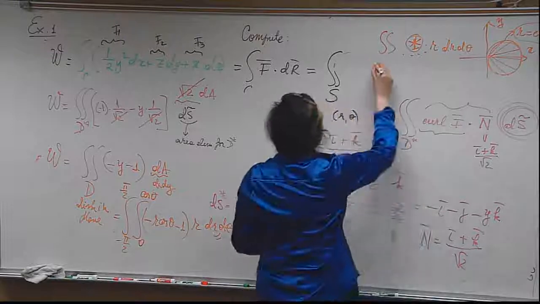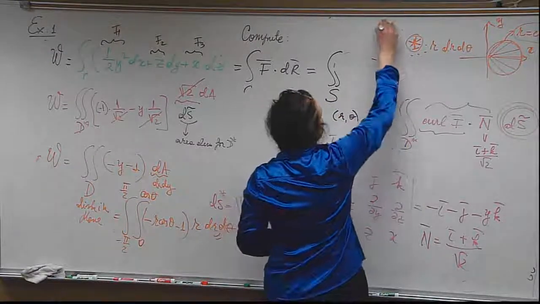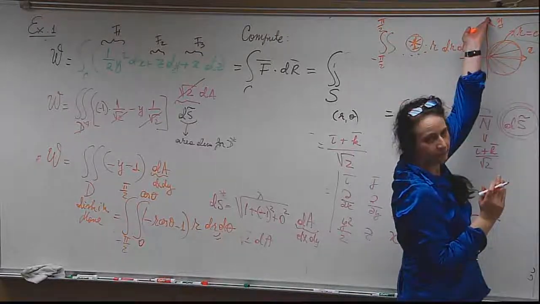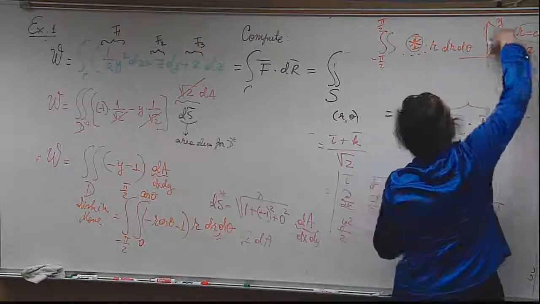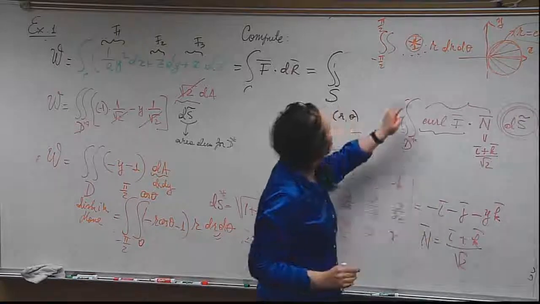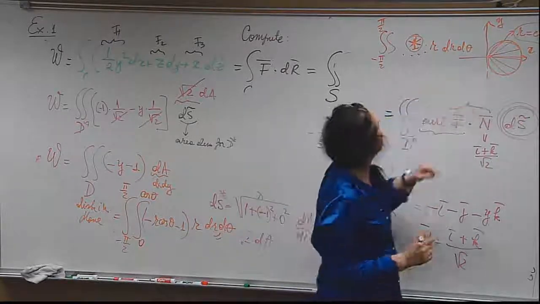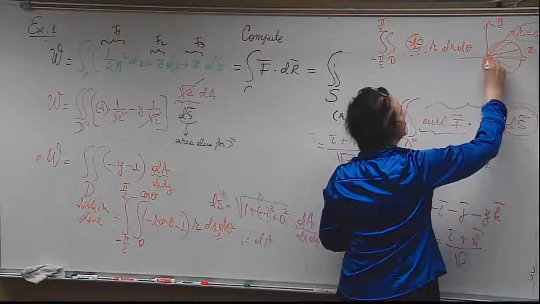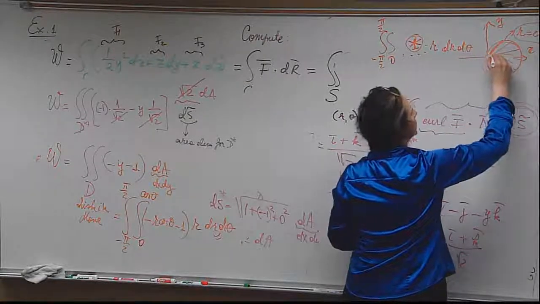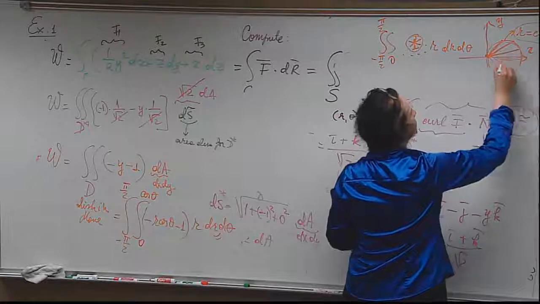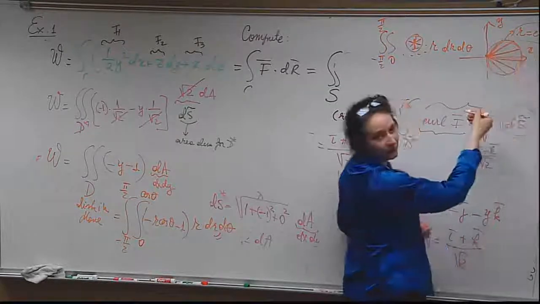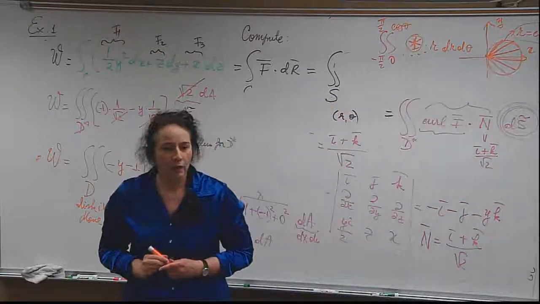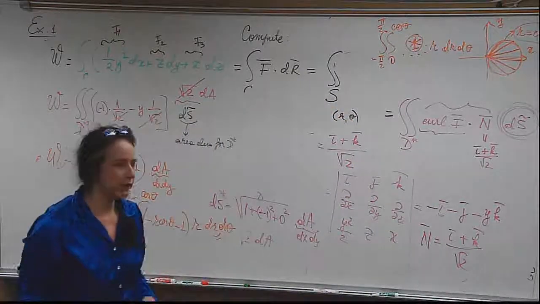Theta is between minus pi over 2 and pi over 2, because I'm moving from here to here. And r is between 0 and the margin. Who is on the margin? I start at 0, I end at cosine theta. Cosine theta happens only for the boundary, okay? So that's what you do. Do we want you to do that? No. We want you to leave it.